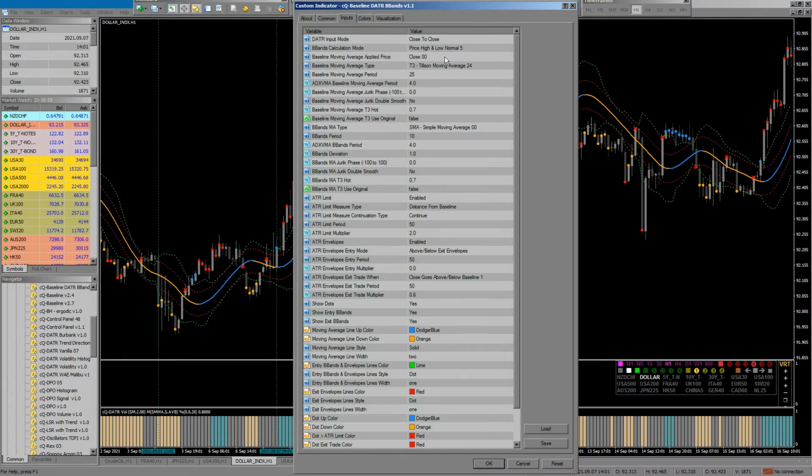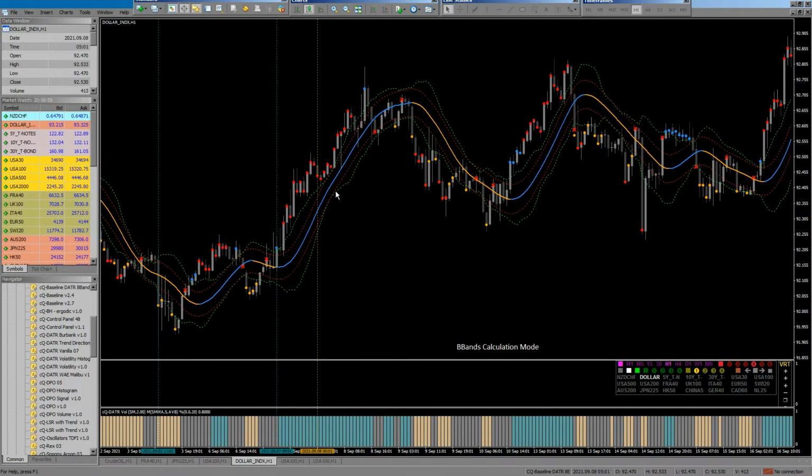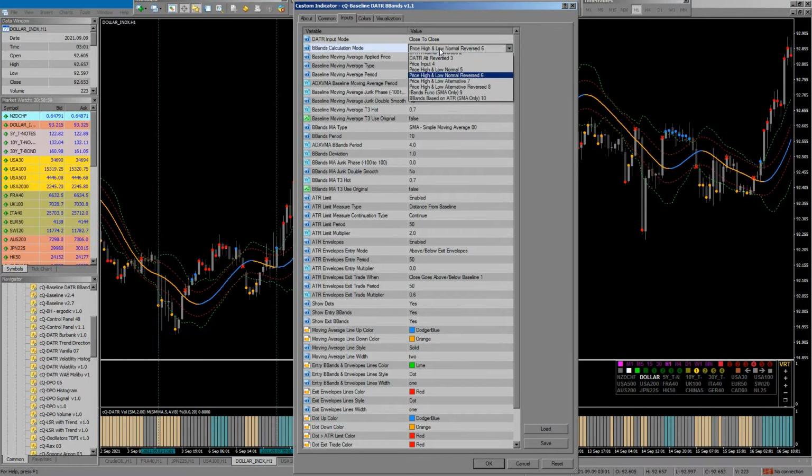And then you can reverse that, where the high is sent to the low and the low is sent to the high. Again, it sort of captures these changes a little faster. And sometimes when you get into chop, it may keep you out of a lot of bad trades. So again, it's one of those things. You just have to mess with it and find a setting that works for you.